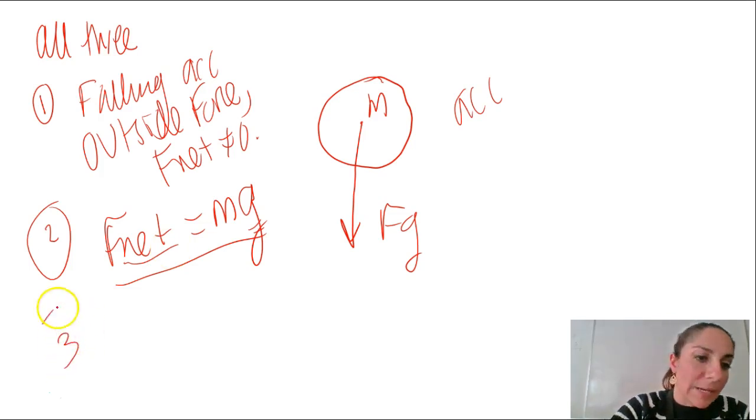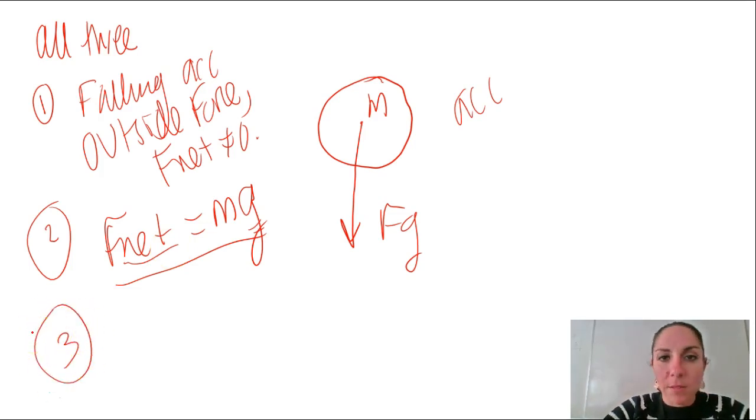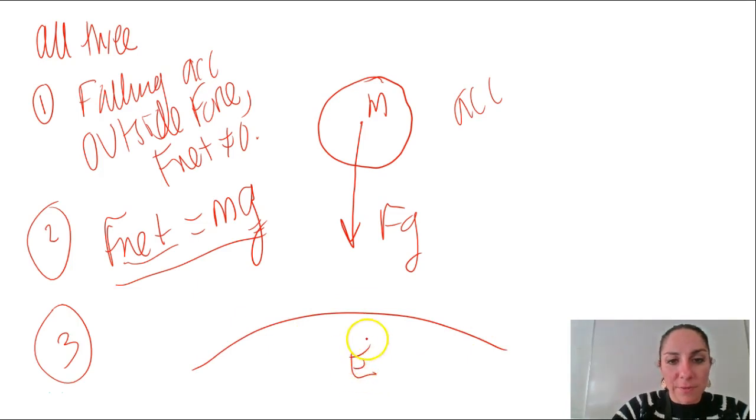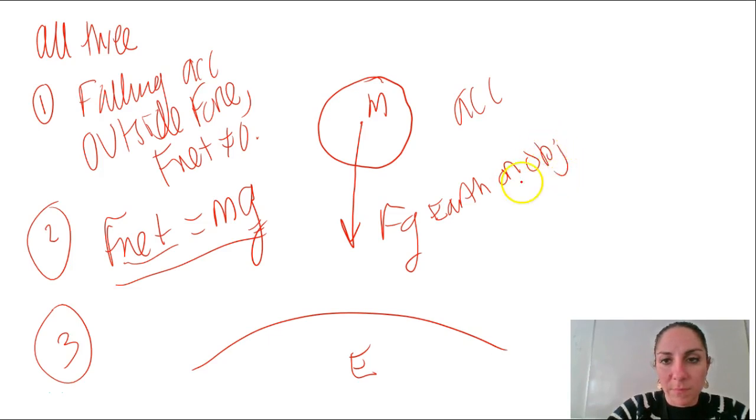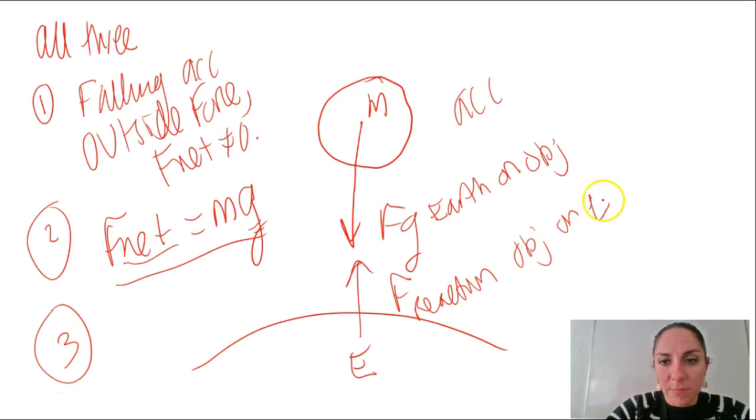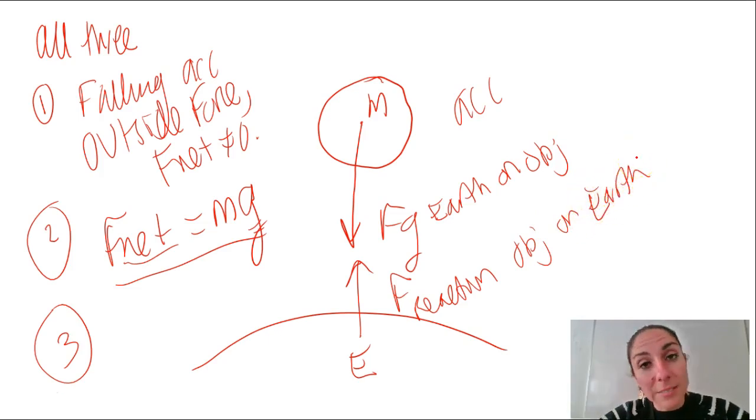And then lastly, what we have is the Earth and the object. So this would be the pull from the Earth, so Earth on object. And we know by definition there's going to be a reaction force, object on Earth. That's present in the system.